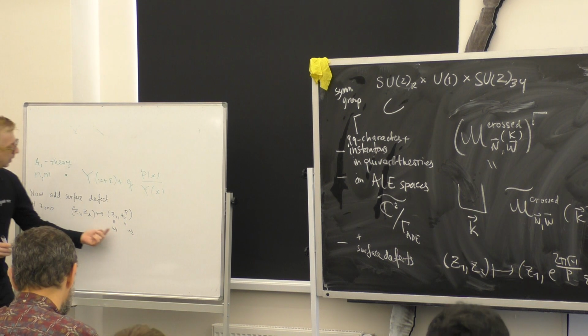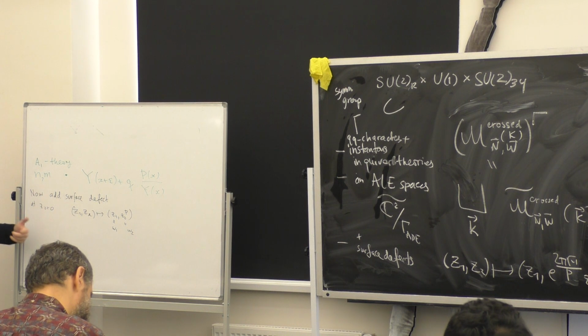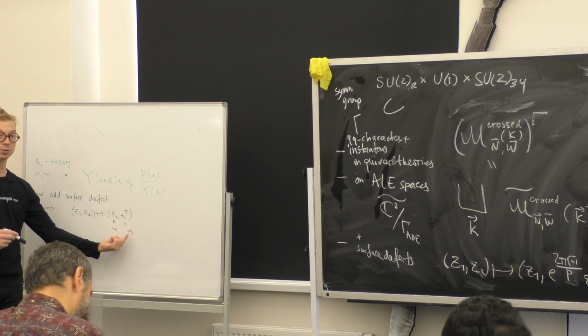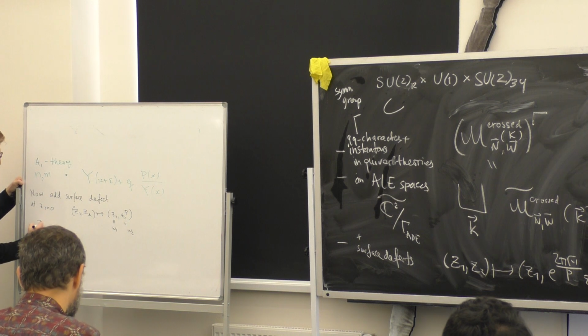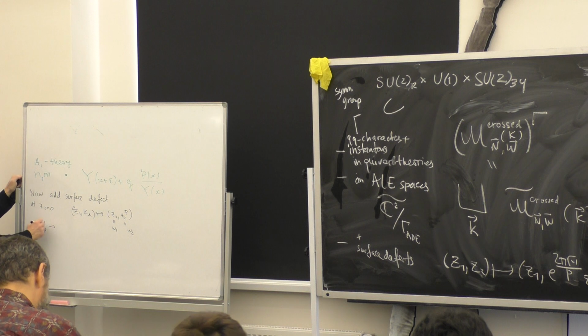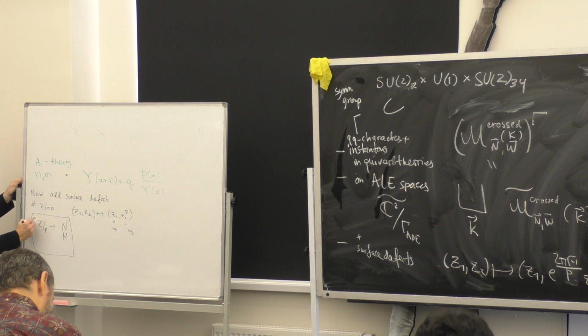Then, by allowing various ways for things to transform in going around w equals 0 under the representations of the cyclic group, we will need to fix the homomorphism of that group into the color space and into the flavor space. So the surface defect is in particular determined by the choices of these homomorphisms.